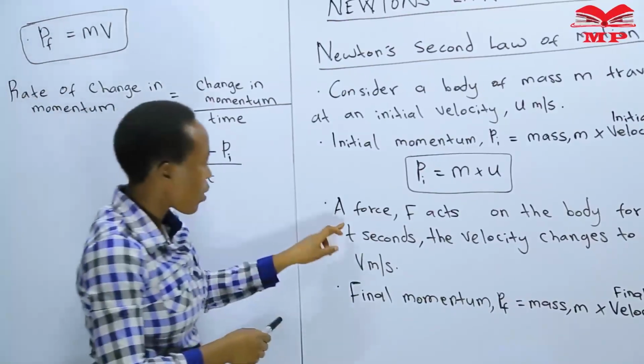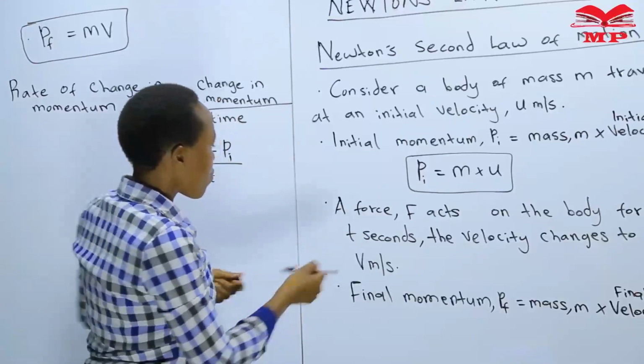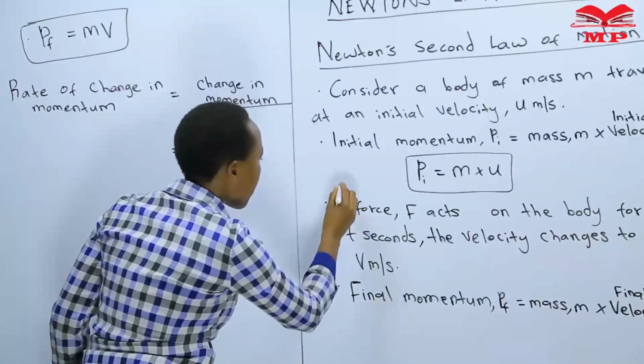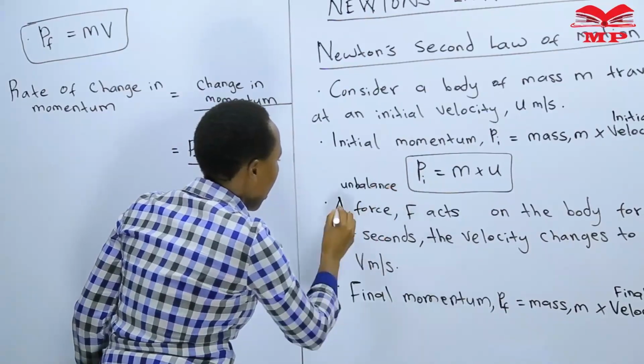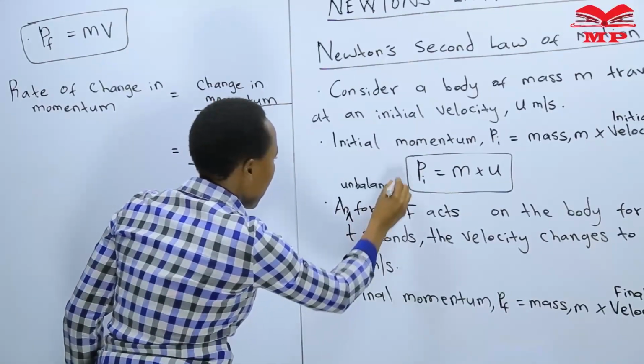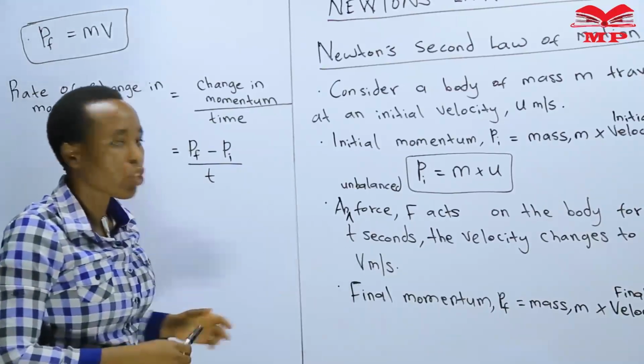So in this case, we had seen that an unbalanced force F acting on the body changes its velocity.